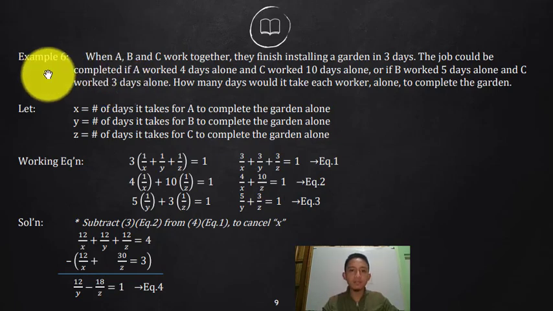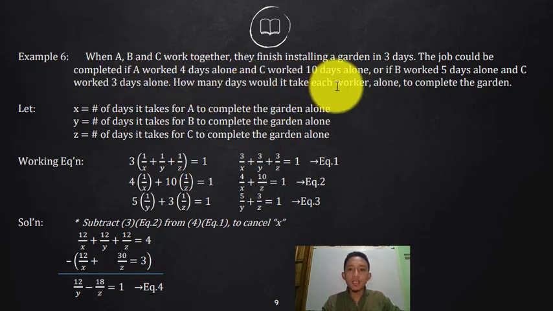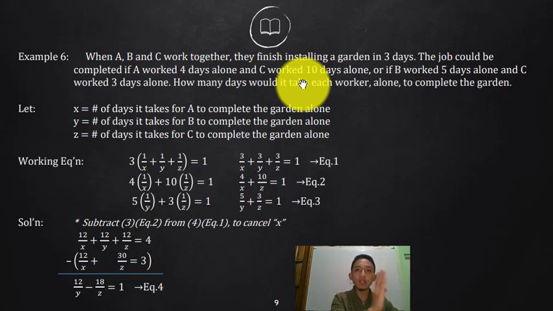Now, how many days would it take each worker alone to complete the job? What if they work alone, one-on-one? Let's say A works alone. How many days will A take to finish the entire garden? And if B works alone, how many days to finish the entire garden, and then C? So that is the problem.